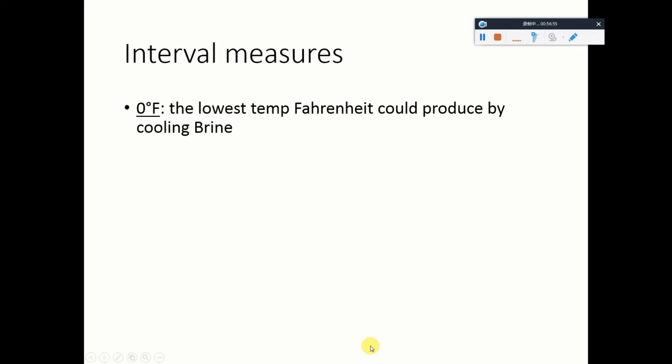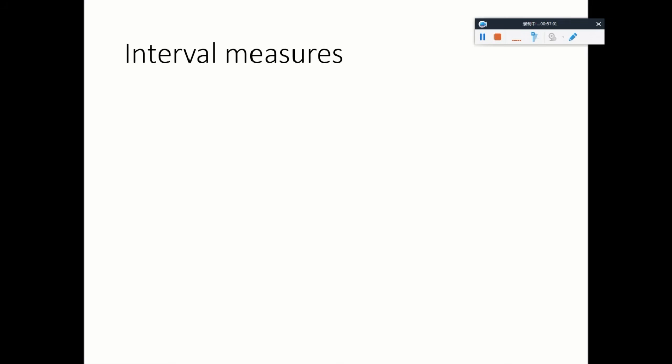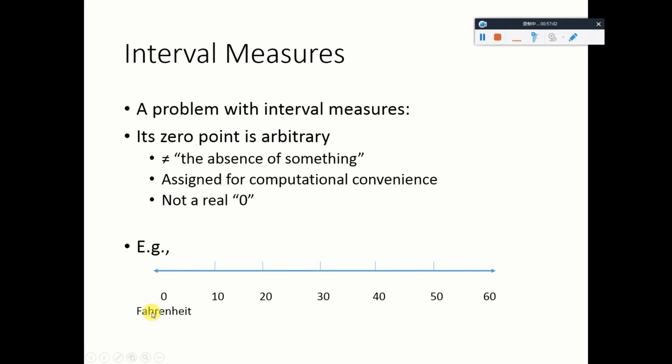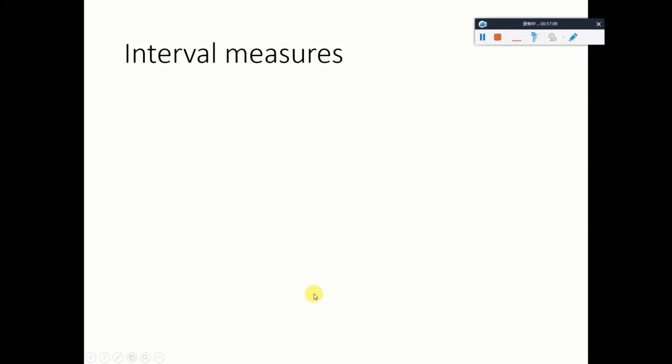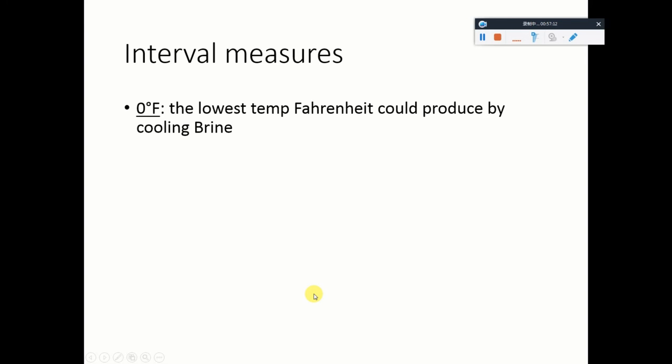But the problem is, we say that the 0 point on the scale is not a real zero, it's arbitrary, exactly because 0 degree Fahrenheit does not mean the absence of temperature. Rather, it simply is the lowest temperature that Mr. Fahrenheit could produce chemically. That's it.